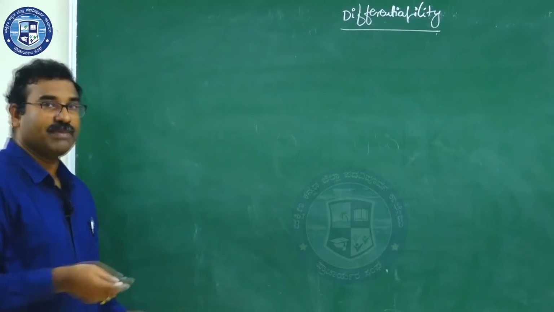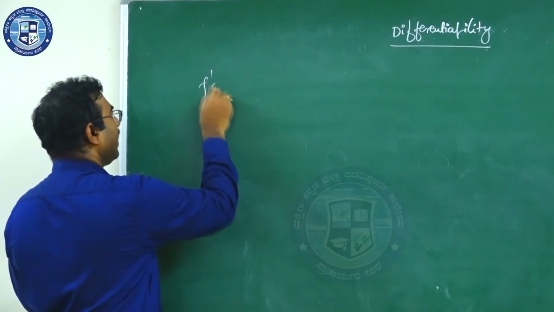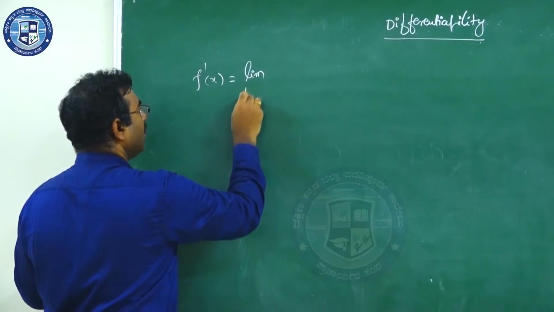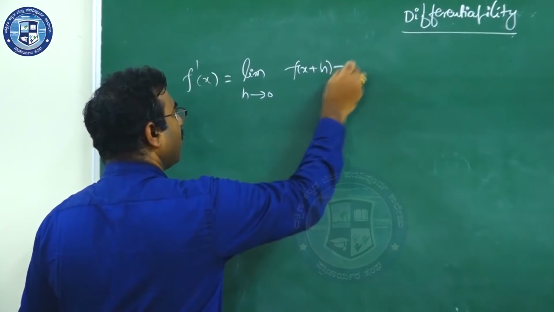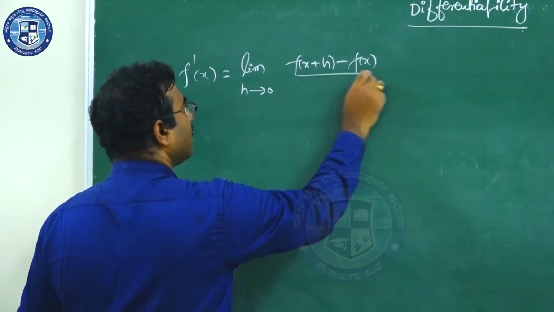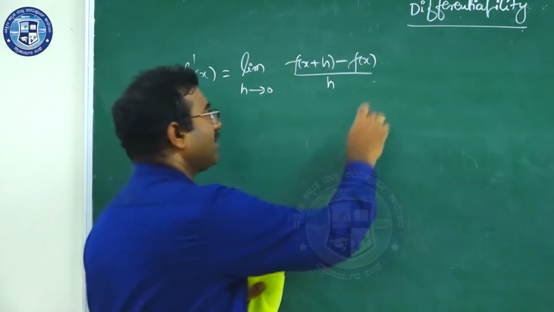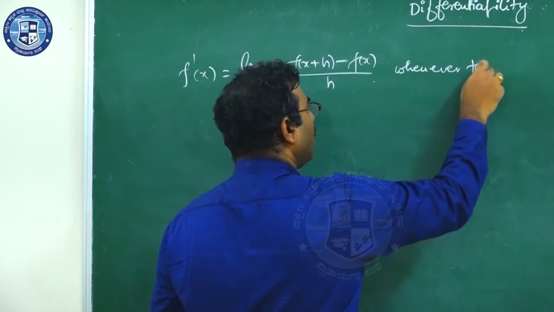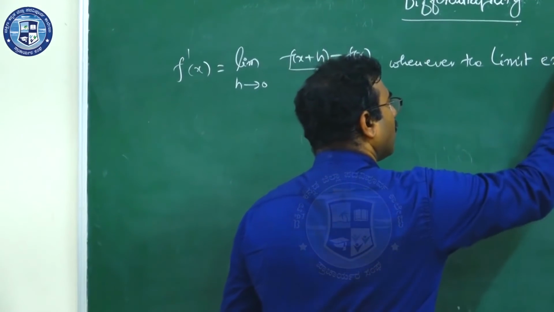So, from the first principle of derivatives, we got the formula like this: f dash of x is equal to limit h tends to 0 of f(x plus h) minus f(x) divided by h, whenever the limit exists. Whenever the limit exists. Okay.